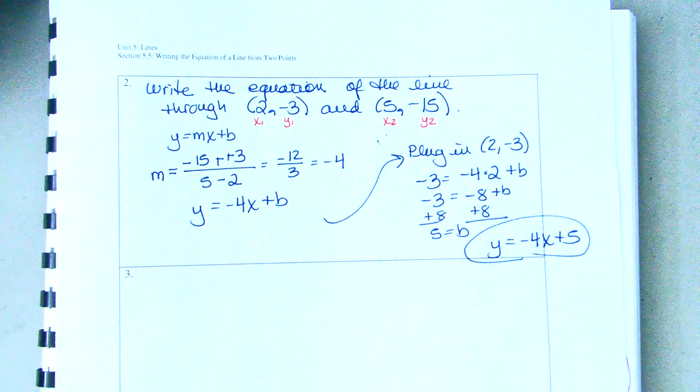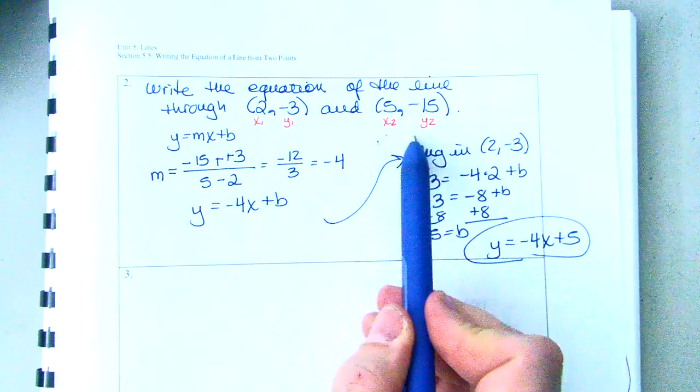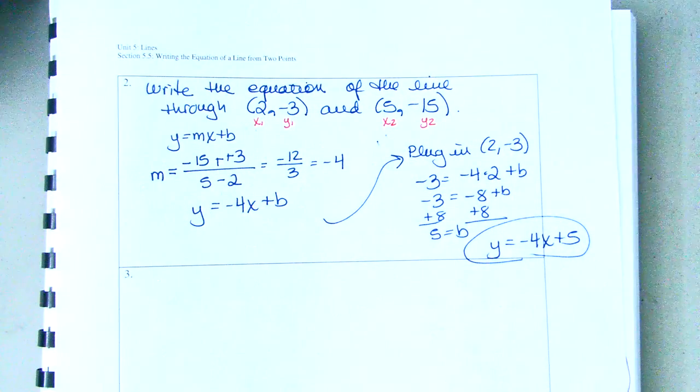How are we doing? One thing we're going to have to be careful of come our quiz on Tuesday. The quiz is going to be on 3 things: finding slope, writing the equation of a line, and lines in strange forms that we're going to deal with on Monday. If I say find the slope of the line through these 2 points, you're just going to find your negative 4 and you're going to be done.